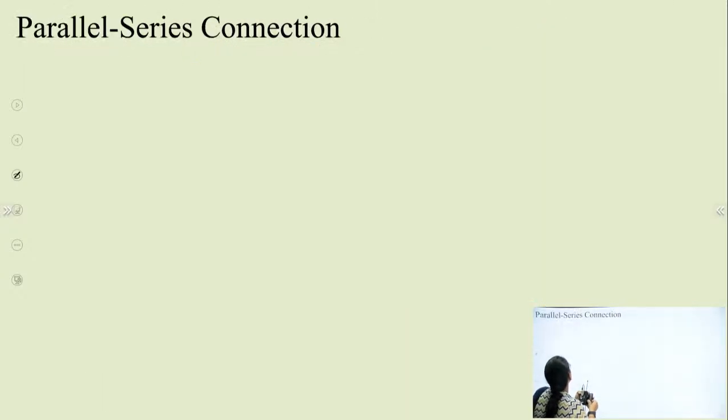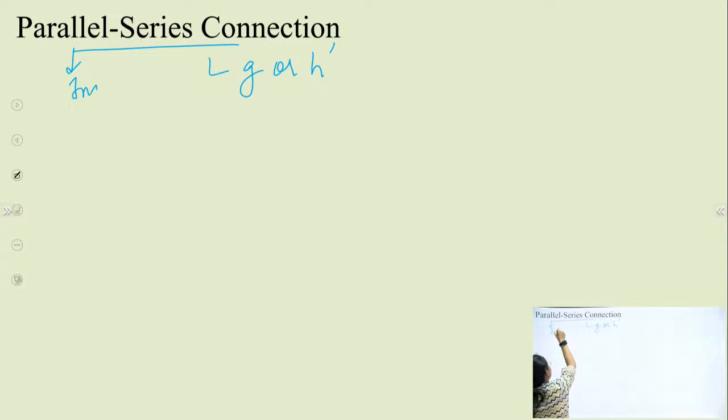And for parallel series connection, the last one is the parallel series connection. So parallel series connection we'll use for the G parameter, or we can write it as H dash parameter, right? Here the input side will be connected in parallel and the output terminals are connected in series, right?